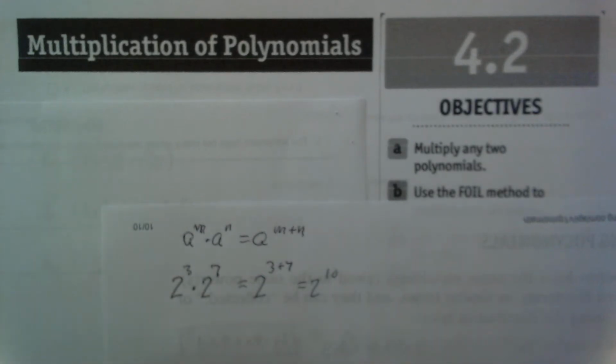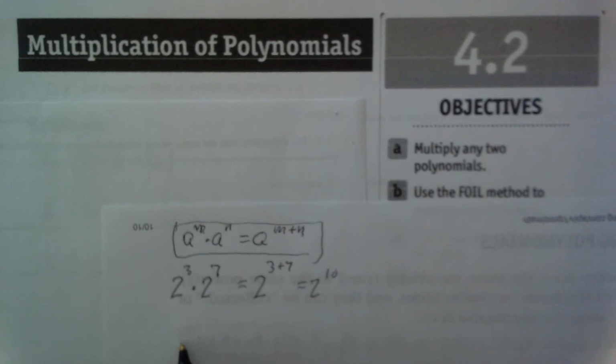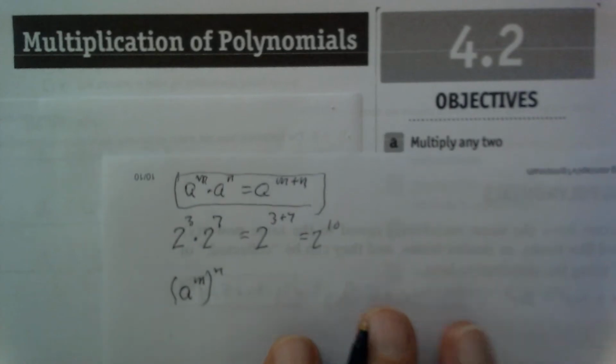Okay, so this rule is really important to understand, and later on we have an occasion also to understand the power of a power rule, and that is a to the m raised to the nth power is equal to a to the m times n.